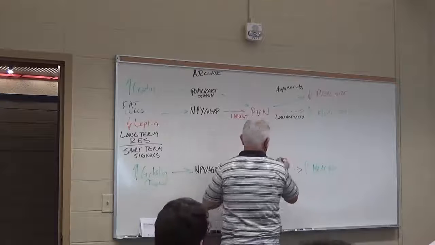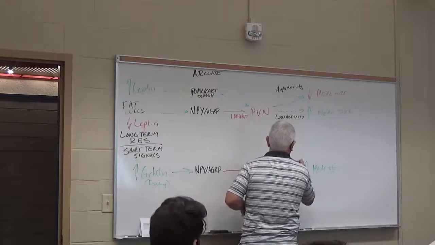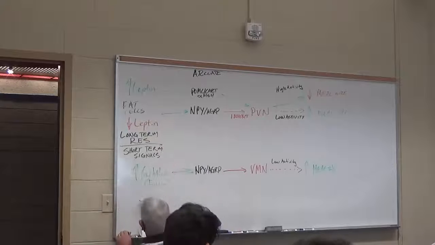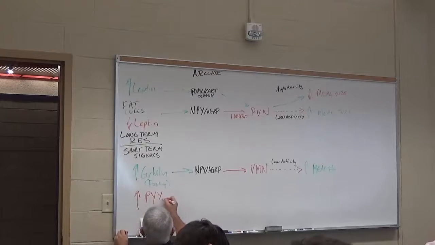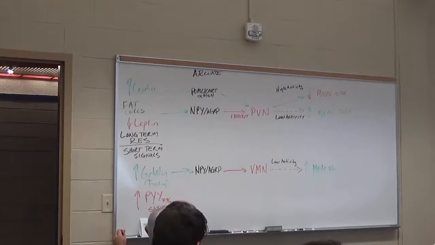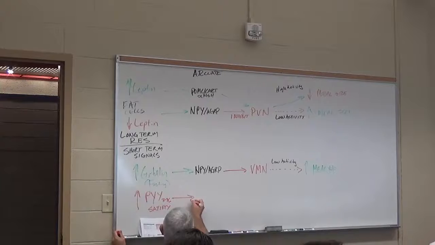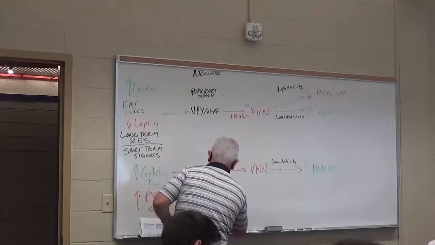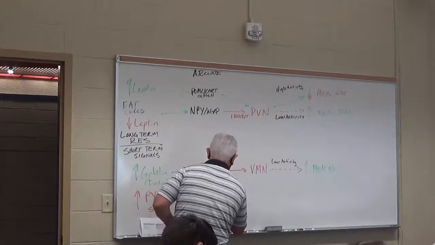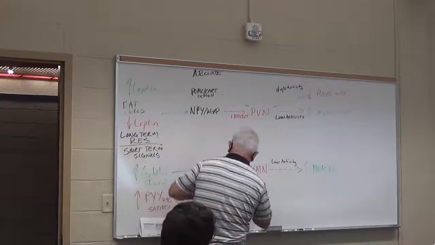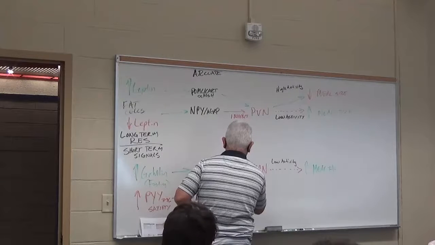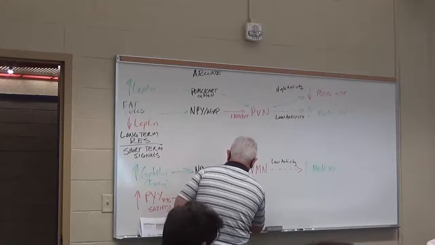So when we have low activity coming out of the NPY, when we have PYY, this is satiety, we're going to come in and inhibit, and that's going to have high inhibition, low inhibition.